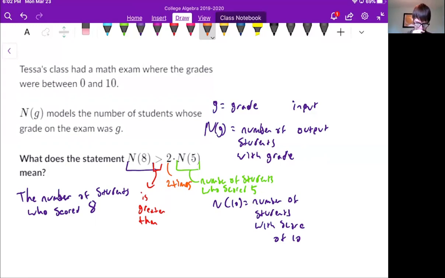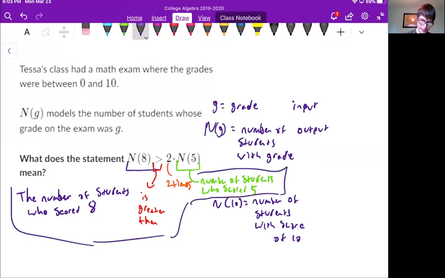In other words, the number of students who scored an 8 has to be greater than 2 times the number of students who scored a 5. That's all it's saying. In fact, we could just write that down as our answer. We're done.